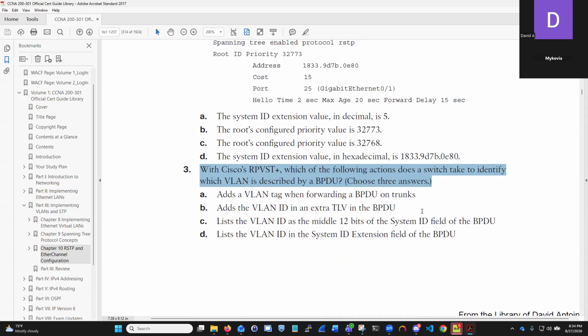A: adds a VLAN tag when forwarding a BPDU on a trunk. B: adds the VLAN ID to an extra TLV in the BPDU.